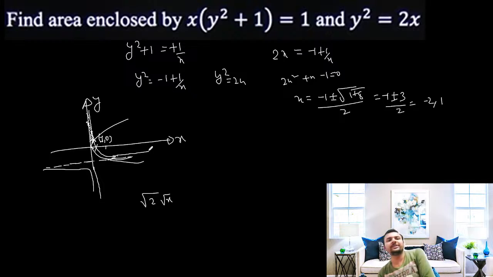The point of intersection of this curve and this curve is minus 2. At minus 2, it is what? Minus 1 by 2, minus 3 by 2. So minus 3 by 2 does not exist on this. 1 exists somewhere.